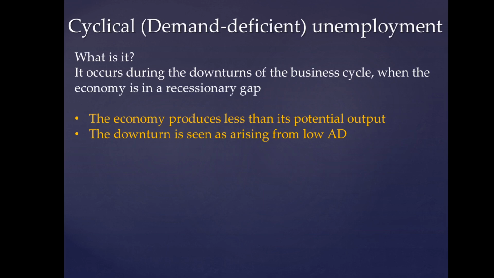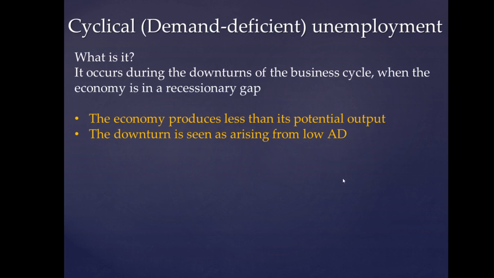Because we will see a deflationary gap. So because of the lack of AD, this one is mainly because of a bad economy. If you want to put it in a very simple manner, this unemployment type is all because of a very bad economy, when no one wants to consume.